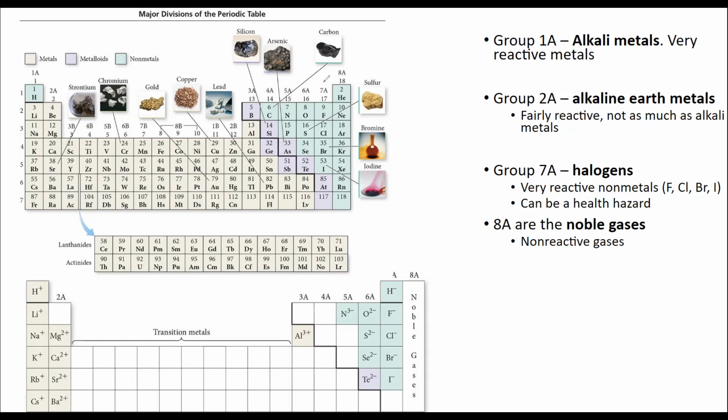So let me get rid of this and let's look at some of the groups. Group 1A, so that is the first column, those are your alkali metals, right? So these are very reactive metals. So reactive that it's very hard to find these metals not already reacted with something in nature. You're never going to find a brick of sodium laying around naturally.